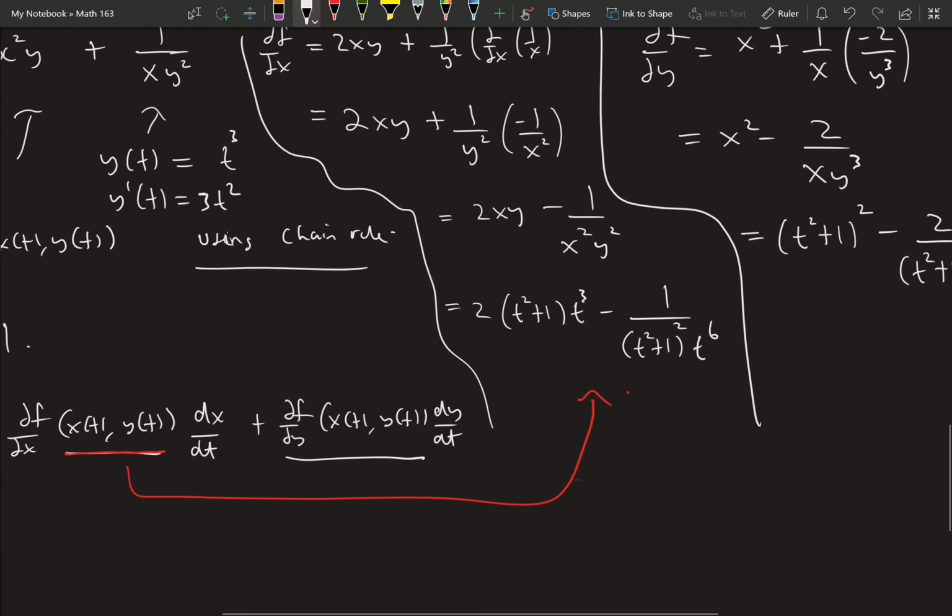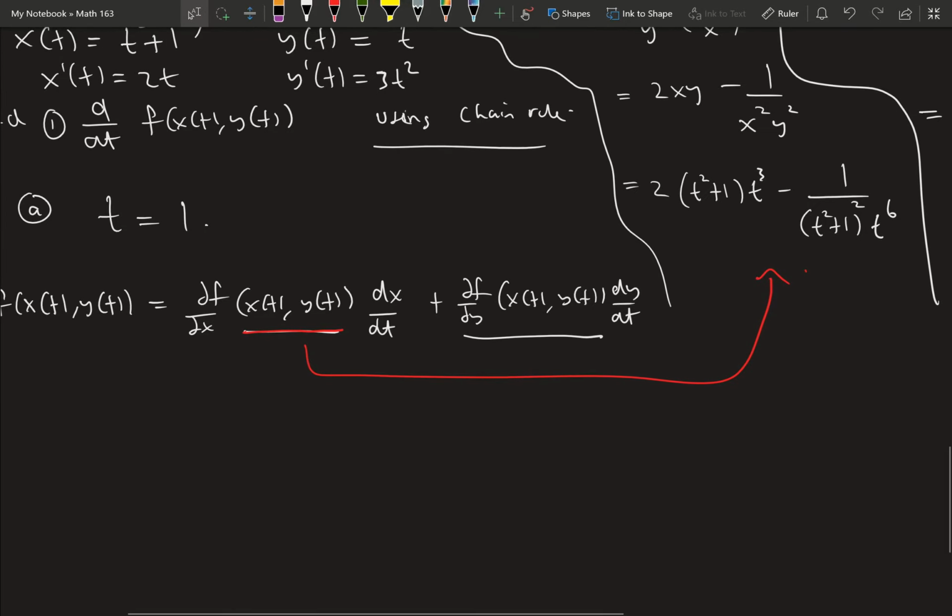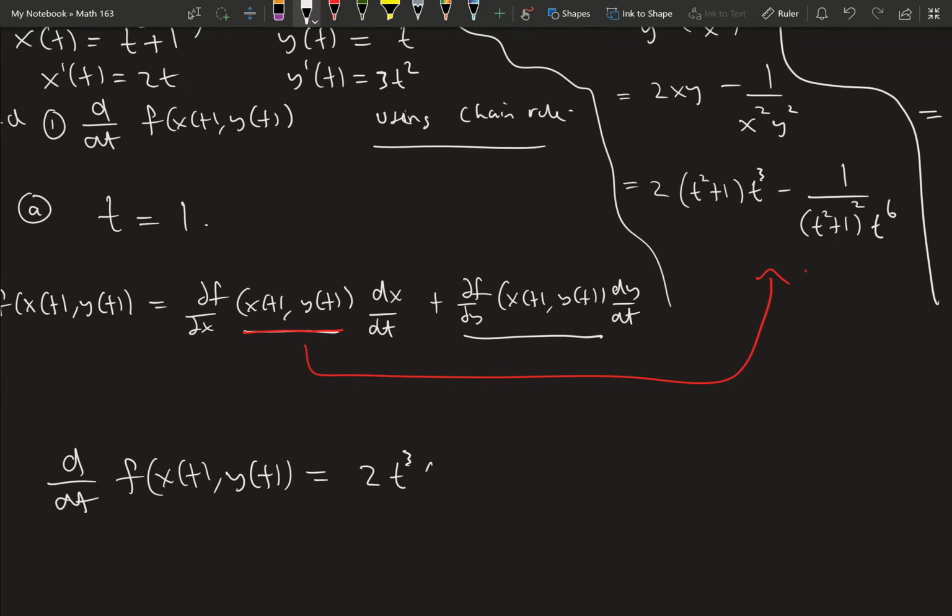Okay, so overall, if I had to write this in its full glory, d by dt of f of x of t, y of t is equal to 2t cubed times t squared plus 1 minus 1 over t to the 6th times t squared plus 1 squared, multiplied by dx dt, which is just 2t.